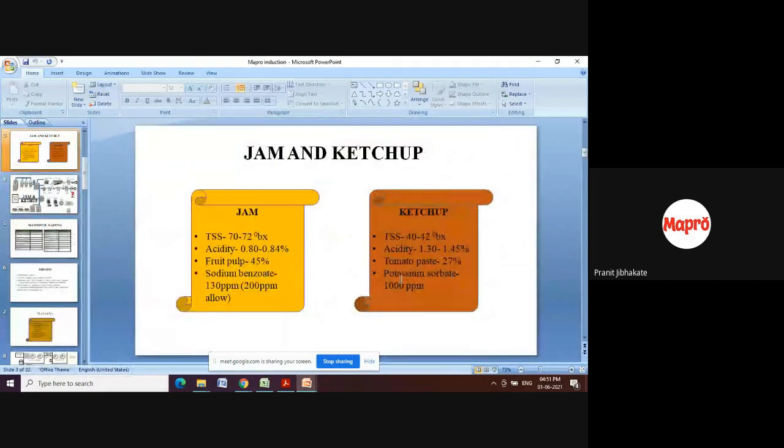Here you can see our specification of ketchup. We keep our TSS at 40 to 42 degree Brix. Acidity is 1.3 to 1.45%. We are adding tomato paste 27%, and potassium sorbate as a preservative at 1000 ppm.